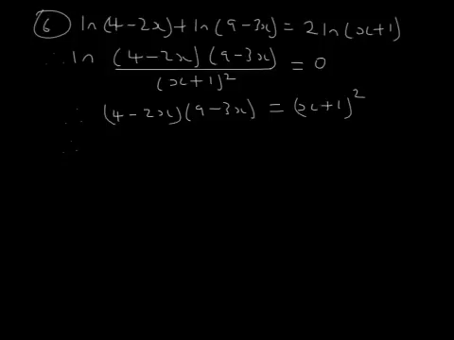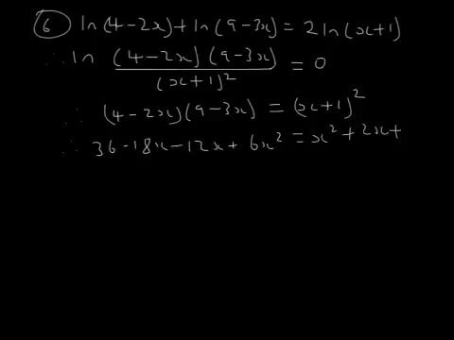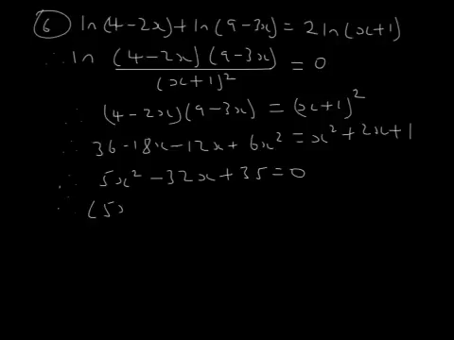We need to multiply it out, so that's 36 minus 18x minus 12x plus 6x squared equals x squared plus 2x plus 1. So we've got 5x squared, minus 30x and minus 2x, that's minus 32x, 36 here and 1 there, so that becomes plus 35, and that equals 0. Then we need to factorise that expression, so it's 5x minus 7, x minus 5 equals 0.